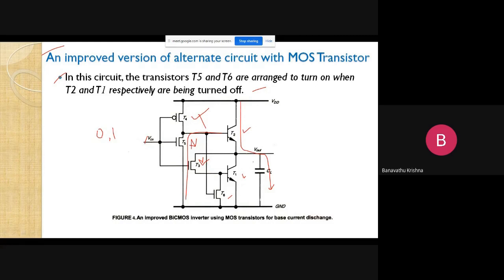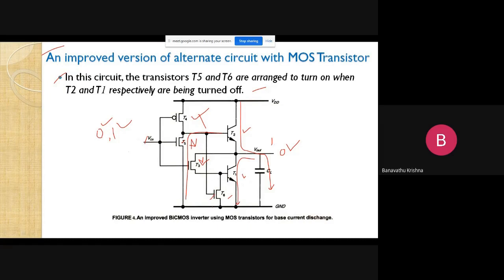T1 is on means that the voltage will be discharged through transistor T1. Finally, we are getting response 0. If you apply input 0, then output is 1. If input is 1, the output is going to be 0. And there is also a discharge of base current through this transistor T5, which decreases the base current of T2, and here T6 decreases the base current of T1.